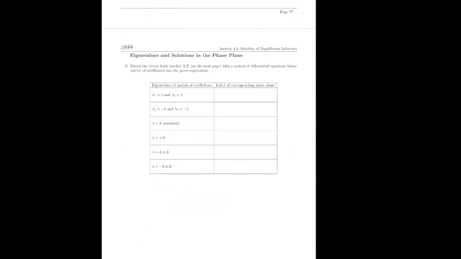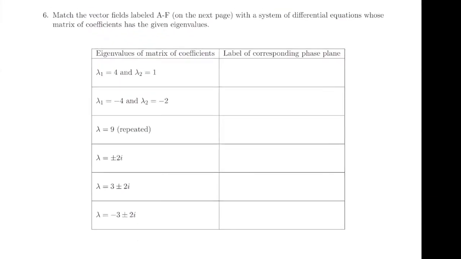so now let's see what can happen in other situations. So we've thought about the situation when we have one real eigenvalue which is positive and one real eigenvalue which is negative. But as you know, there are other things that could happen.